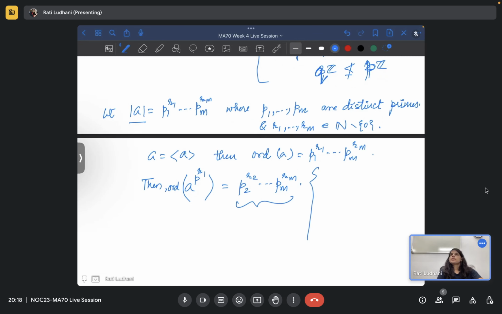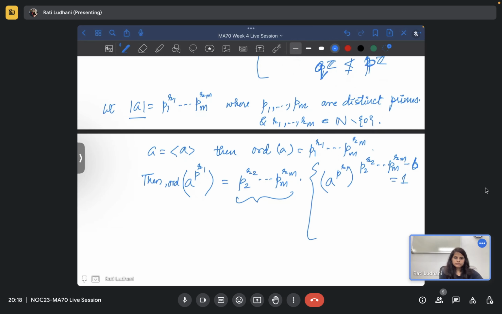How shall I say, if it is less than that, for example, if it is p1 raised to power r1 times some quantity b, let's say just a number, and this is equal to 1. Of course we know that a raised to power p1 raised to power r1, if we power it with this quantity, then we will get 1 because we know the condition from a.